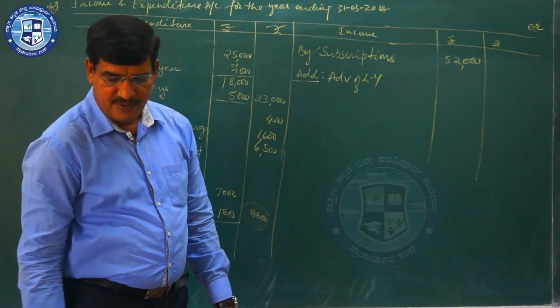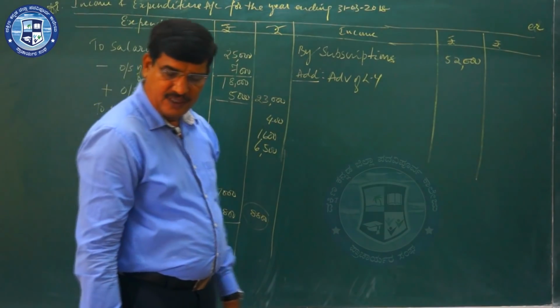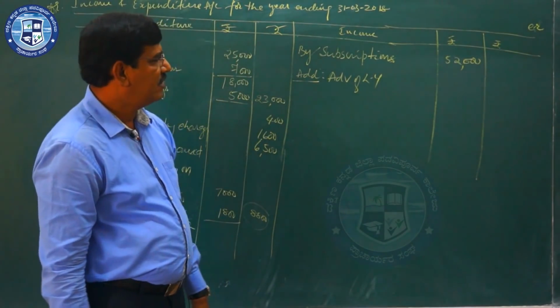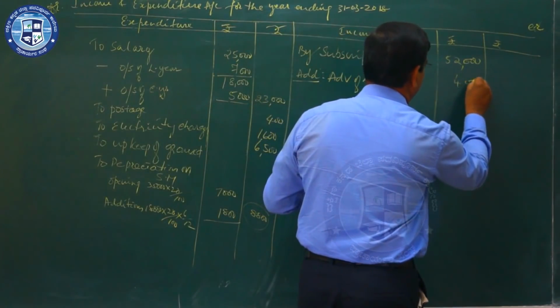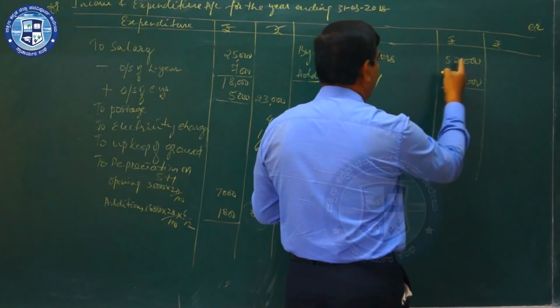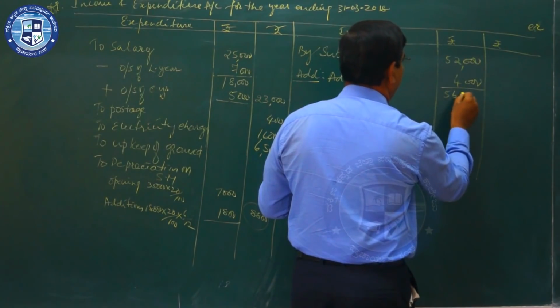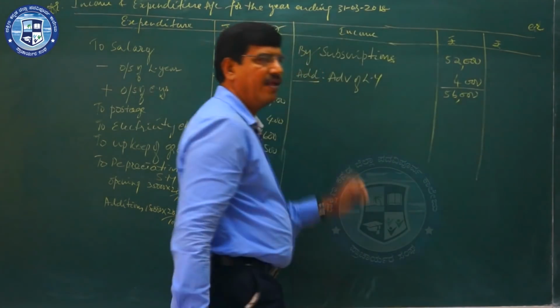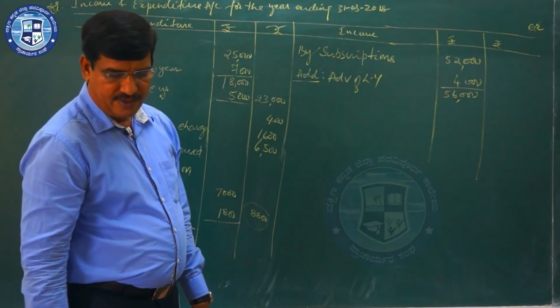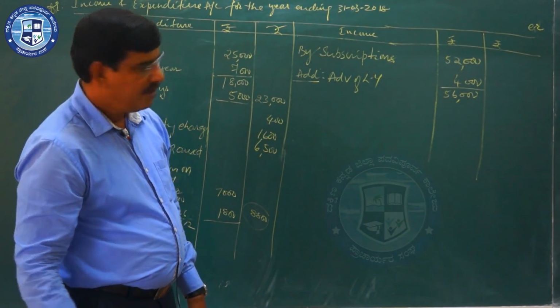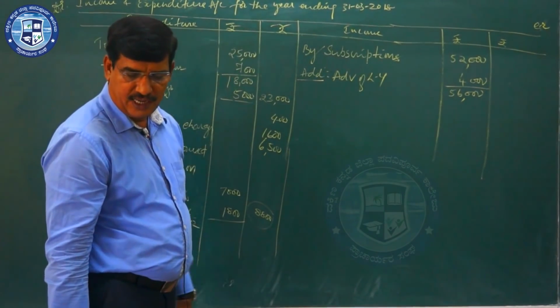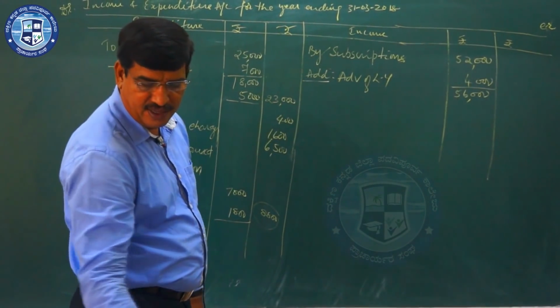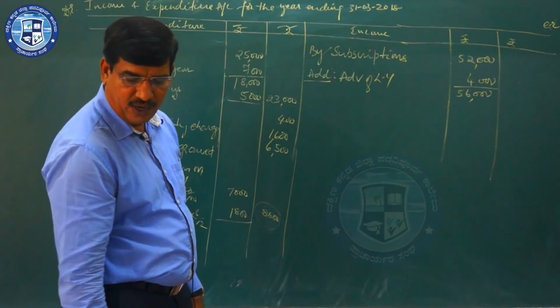The amount of pre-received subscription for 2016-17 is 4,000. So the total will be 56,000. Then in the adjustment it is given outstanding subscription for the current year is 1,000.